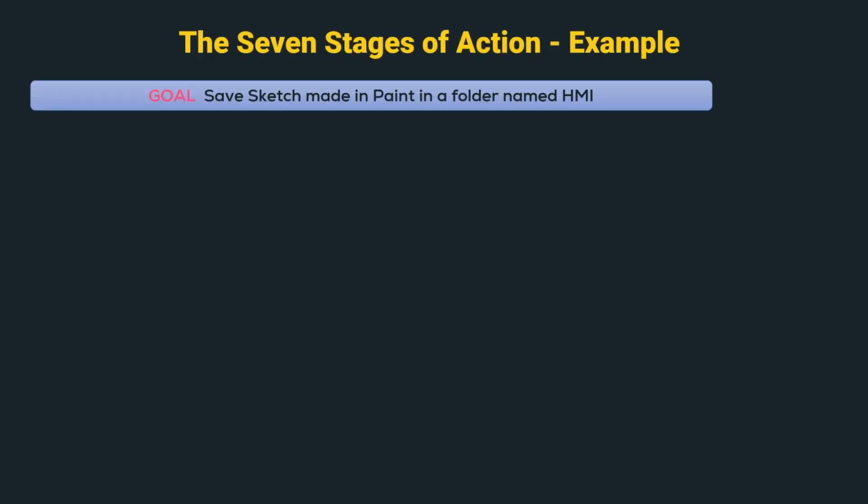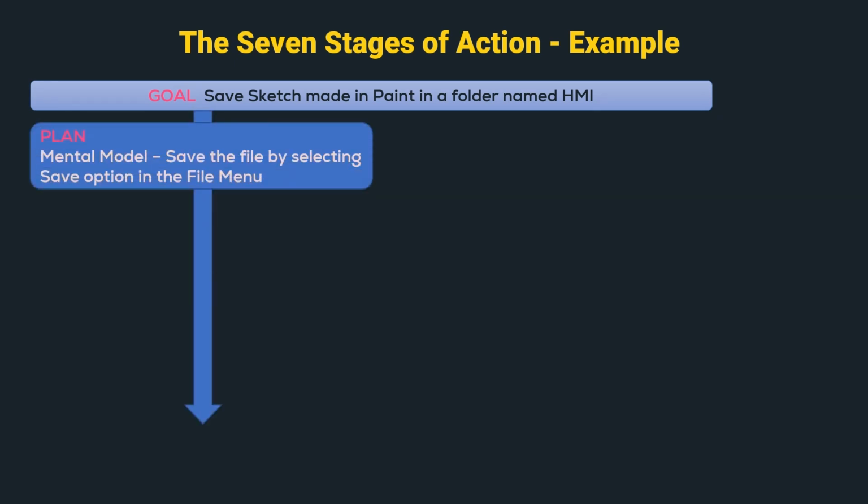Consider our goal is to save a sketch made in Paint in a folder named HMI. The first step under execution is to make a plan. We use a mental model of the Paint software or the save operation in general to plan the action. That is, we save the file by selecting the save option in the file menu.